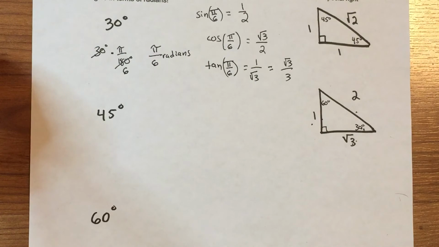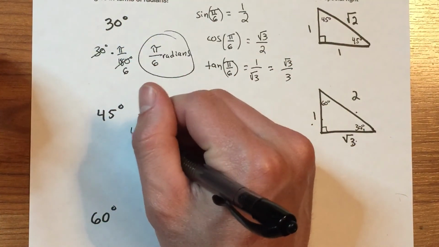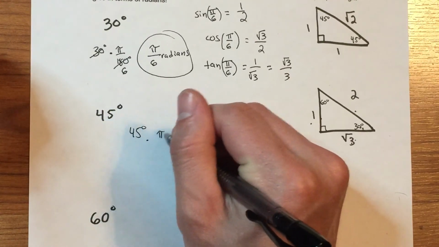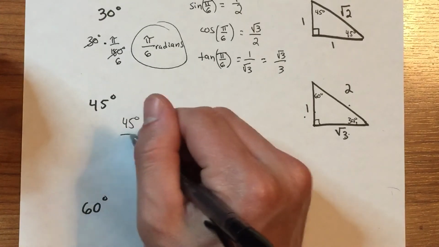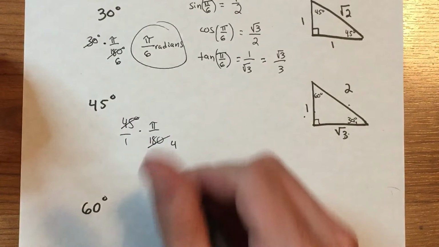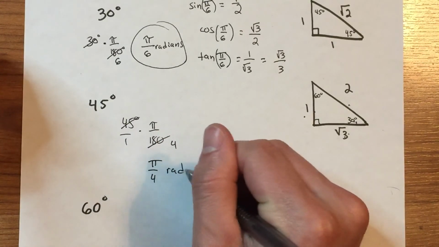To convert 45 degrees, I'm going to circle this previous answer. We do 45 degrees times pi over 180. Simplifying, 45 goes into 180 4 times, so pi over 4 radians.